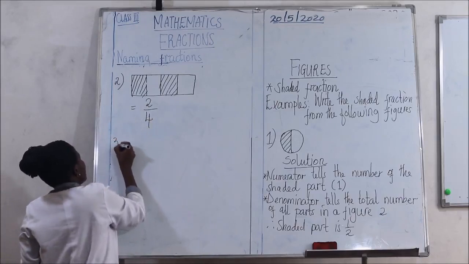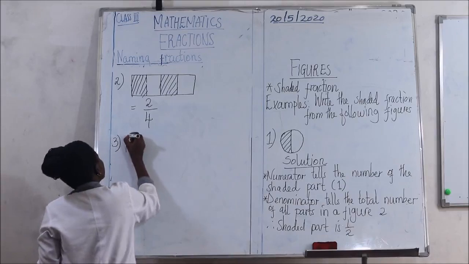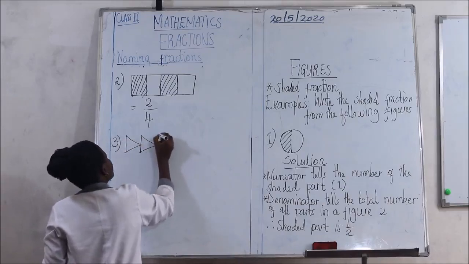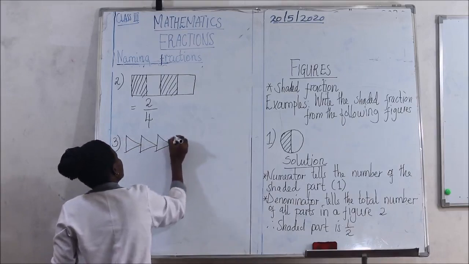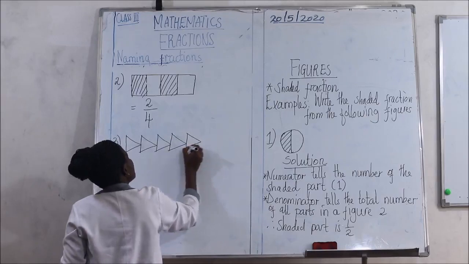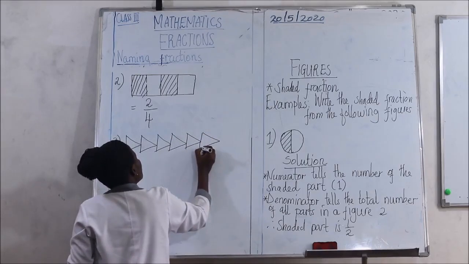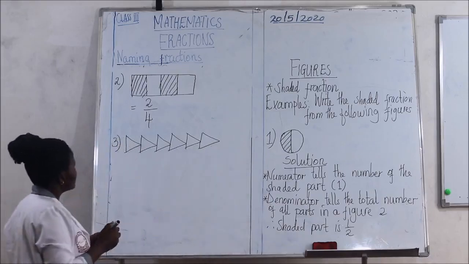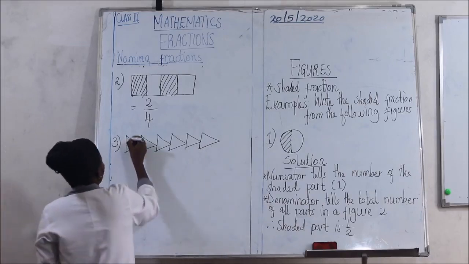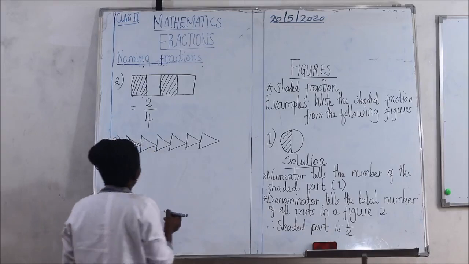Then having example number 3, maybe you can have the question this way. This is a combination of different triangles of the same size, where we have the first triangle which is shaded.